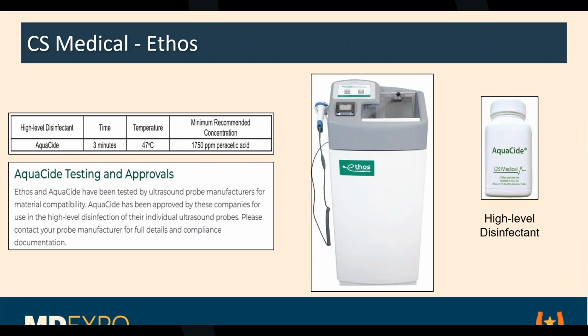The CS Medical Ethos system is pictured there. They use, I believe, Mark, it's still just your own brand of that stuff. Yeah. So you put it in like a Keurig coffee making thing. You have that little thing in there, and wonderful coffee comes out the other end. With this one, you put it in there, it gives the right amount, and you set it up for the time and temperature, all that is processed into it, and it goes through and does that soaking job.